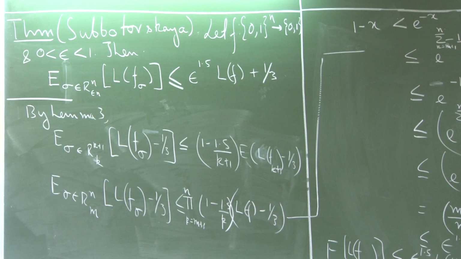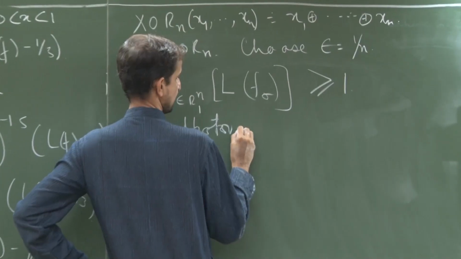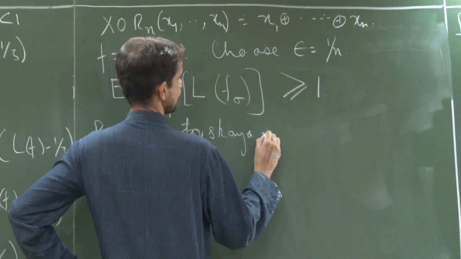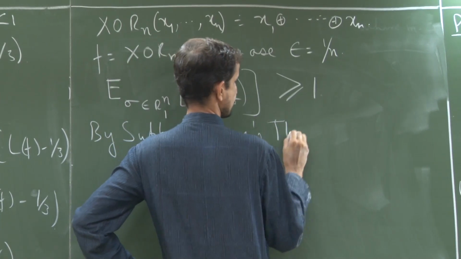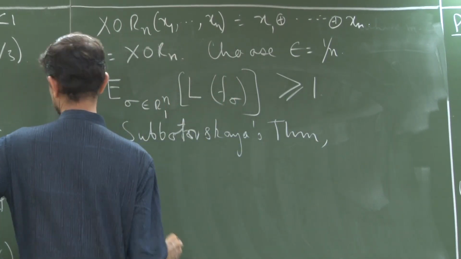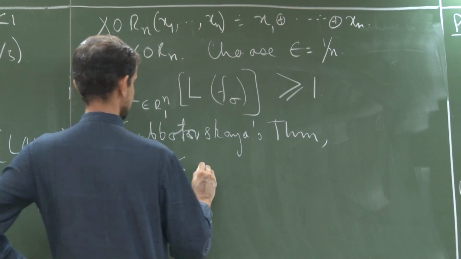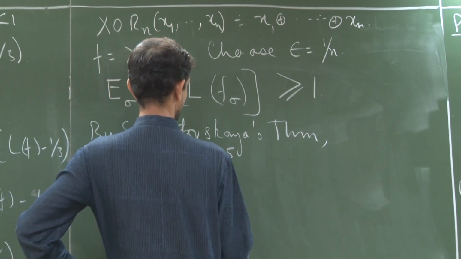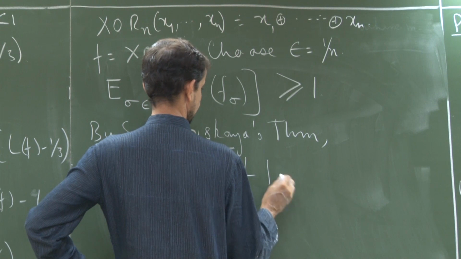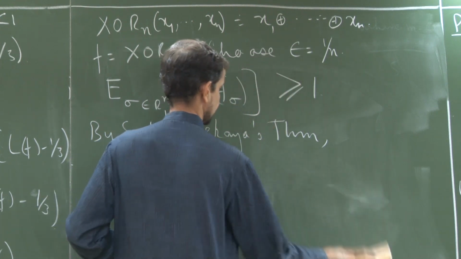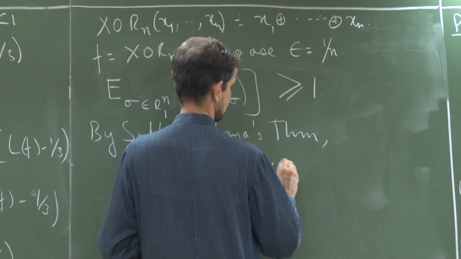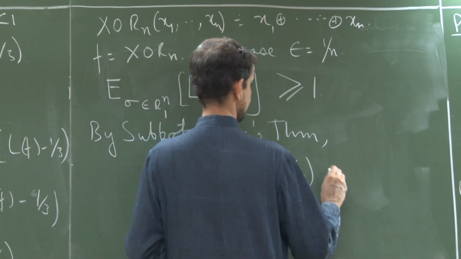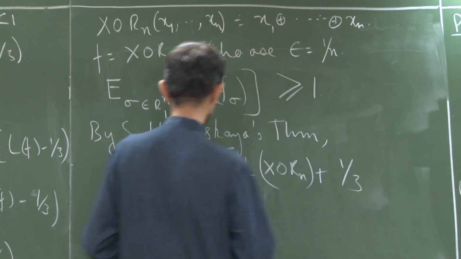So, this is greater than or equal to 1, and combining with Subbotovskaya's theorem, what we have is 1 is at most epsilon to the power 1.5 times L of XOR n plus 1/3.